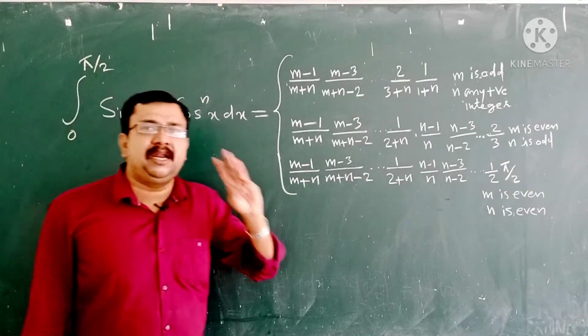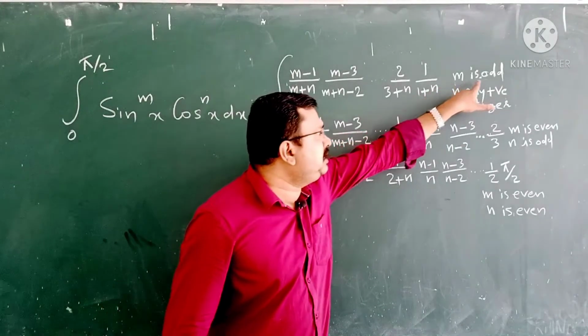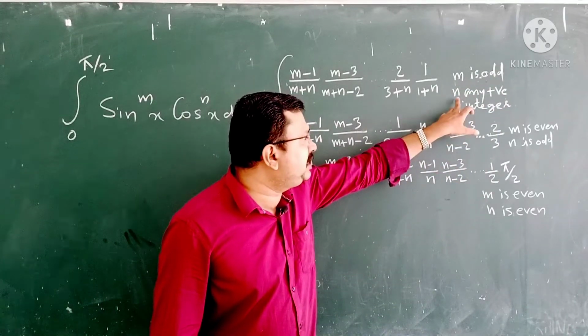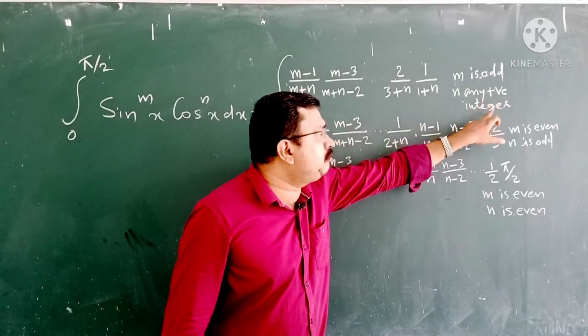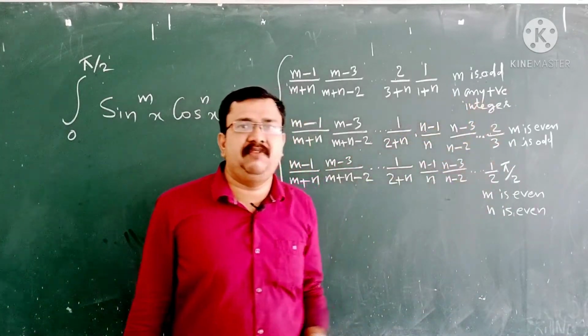There are three cases. The first one is m is an odd number, and n may be any positive integer.